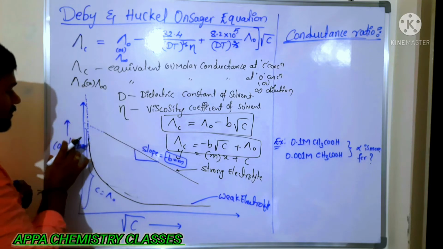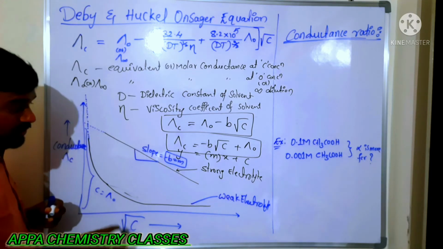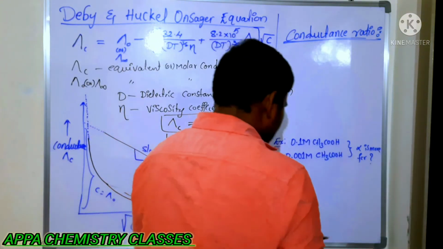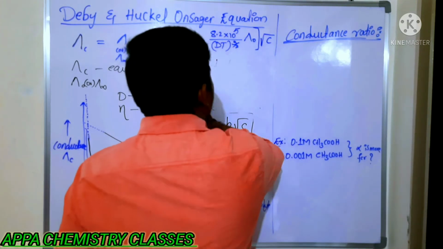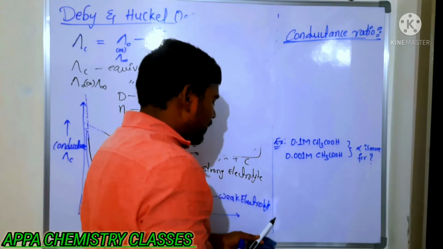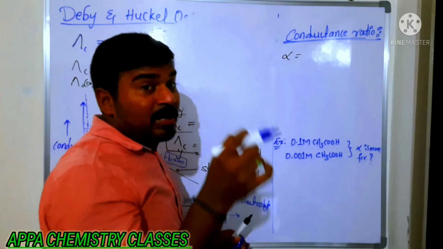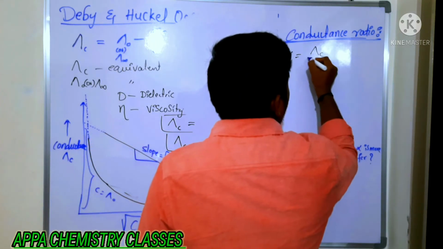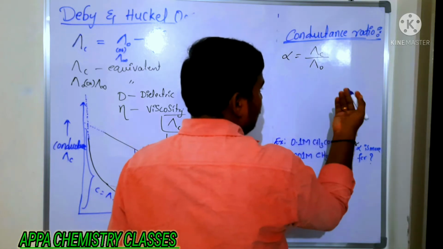It gives the relation between conductance and concentration of the electrolyte. Okay? So next we'll see the conductance ratio, which is represented with alpha. Alpha is the ratio between the conductance at a particular concentration to the conductance at zero concentration or at infinite dilution.